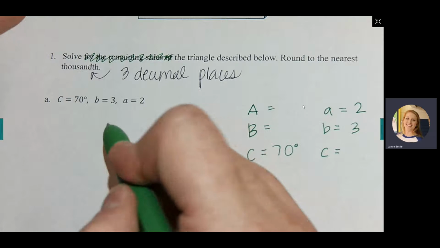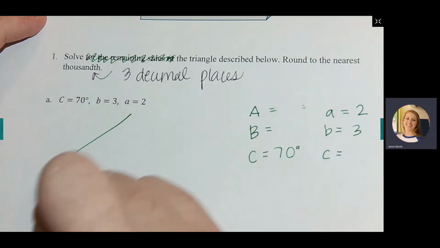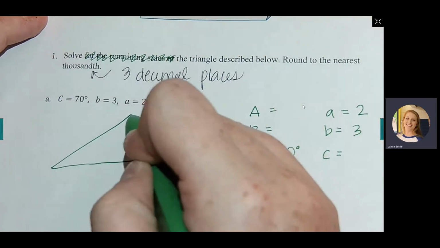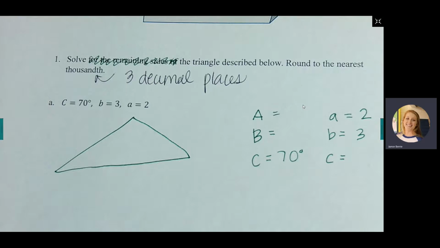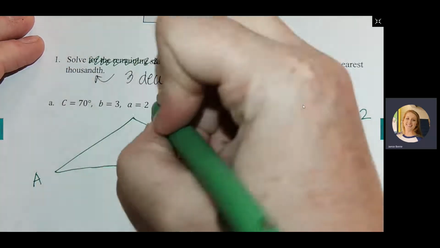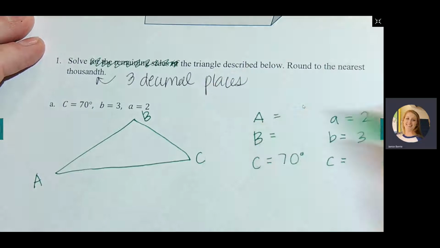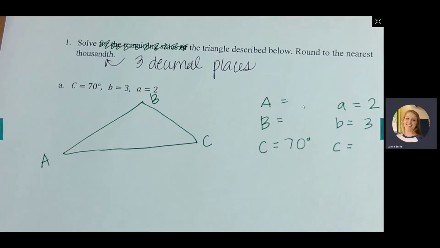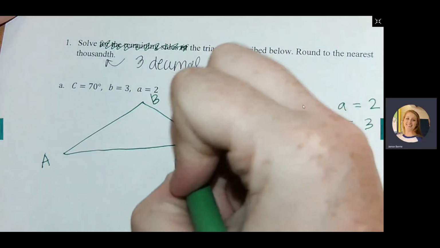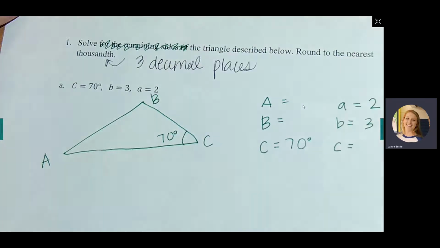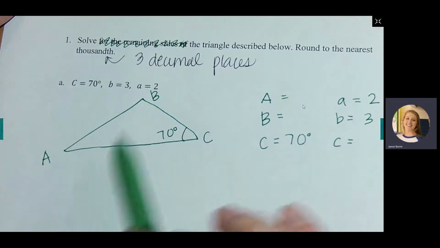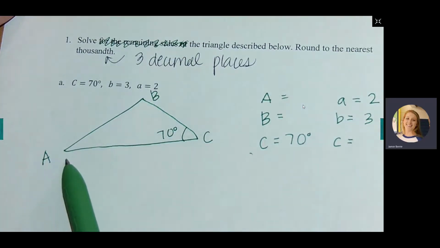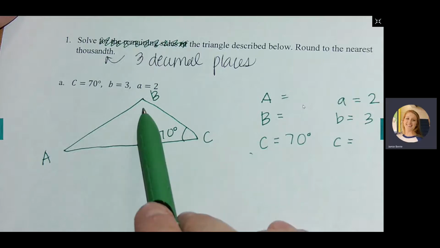So I'm going to sketch a little picture. You don't have to sketch a picture, but I think it helps. Just, of course, make it something that's not a right triangle. And then we'll fill in what we know. I'm just going to label this A, B, C. Let's see, C is 70. There's no incorrect way to list A, B, and C. You could put B down here, A on the right-hand side, and C at the top.